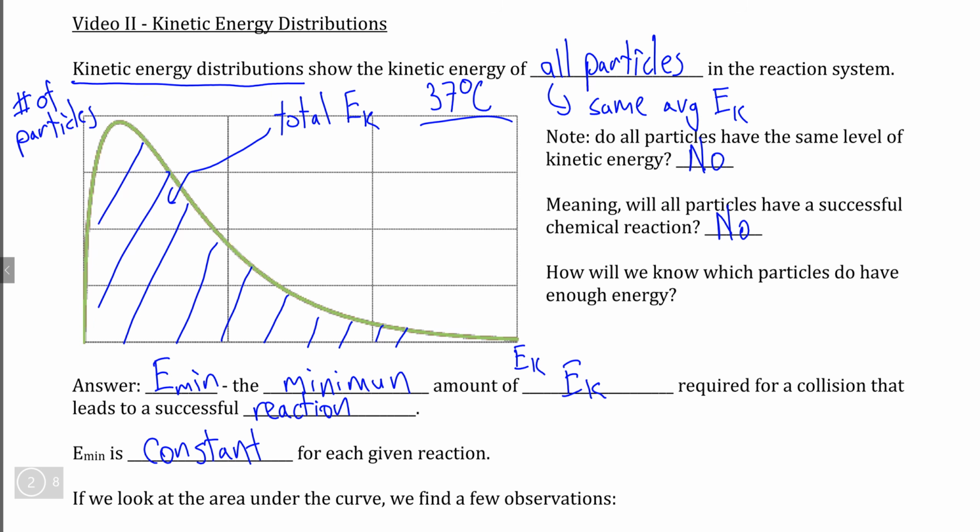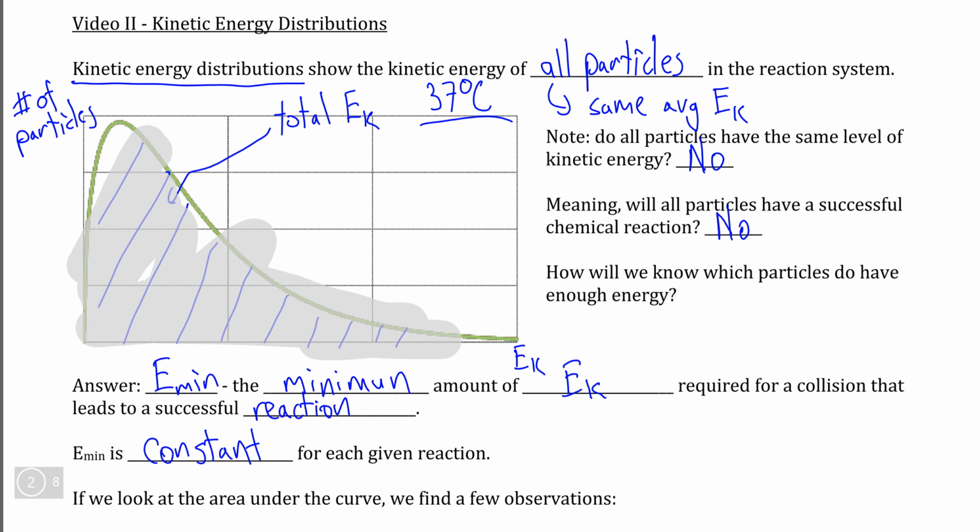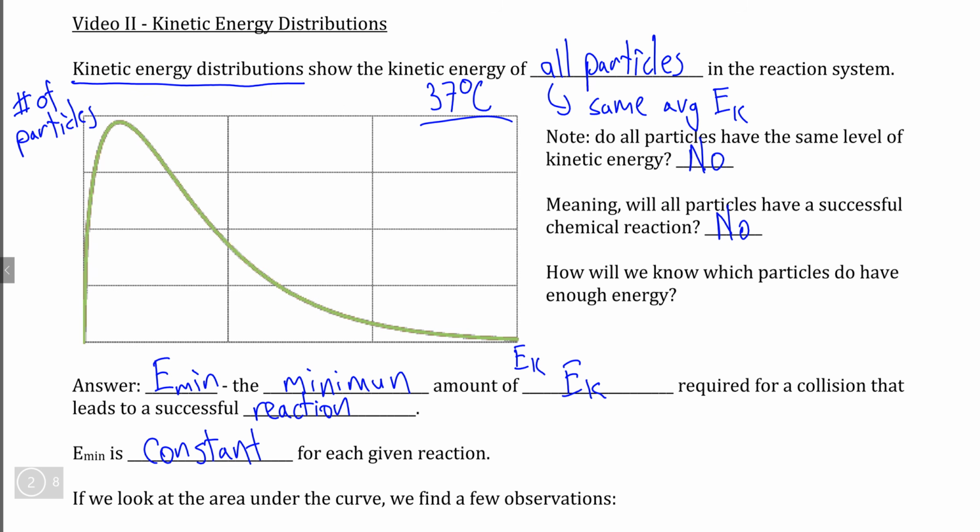Now, if we actually label E-min on our graph, let's erase the shading that shows the total kinetic energy, and instead we're going to represent how E-min would work. So again, we don't know what E-min is because we haven't defined our reaction, so I'm just arbitrarily going to say that E-min is here.